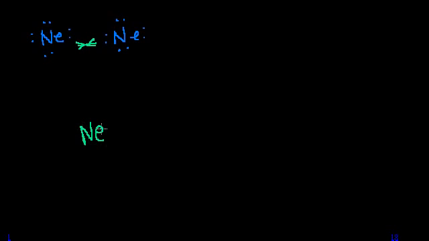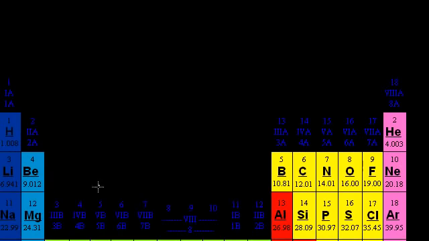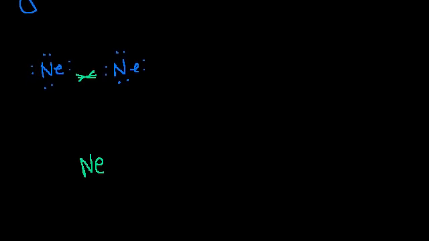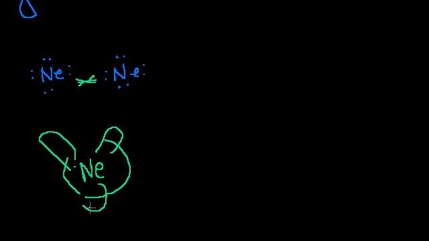Neon's atomic configuration is 1s2, and its outer orbital is 2s2, 2p6. So it'll look, I don't know, it has the 2s shell, the 1s shell inside of that, then it has the p orbitals. The p orbitals look like that in different dimensions.